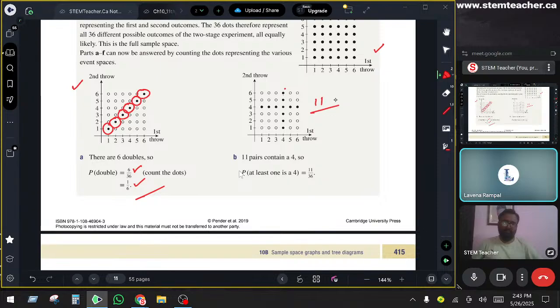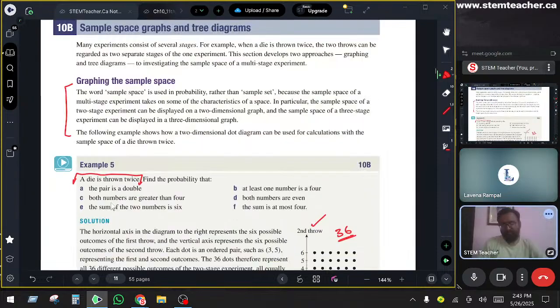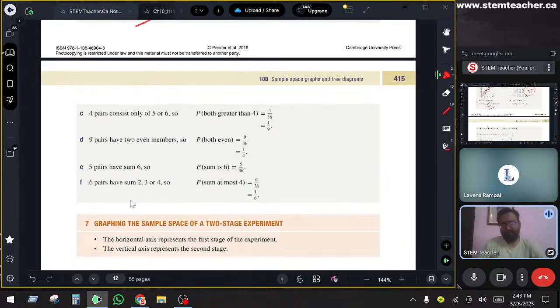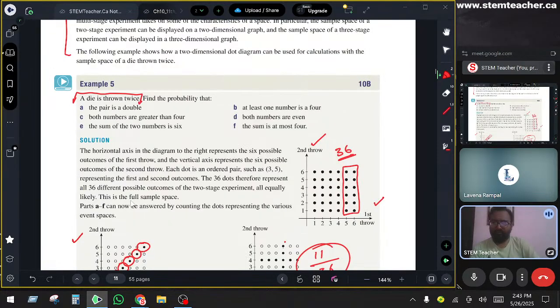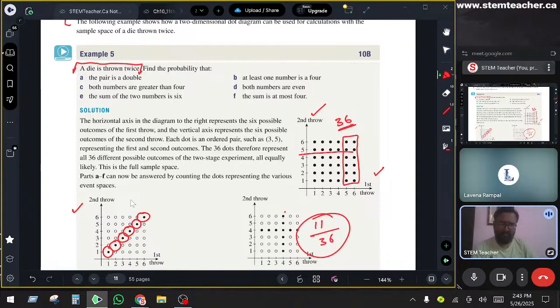Next one is both numbers greater than 4. Greater than 4 means either 5 or 6. So with the same logic, either 5 or 6, I am marking in the first throw, and the second throw will be this.